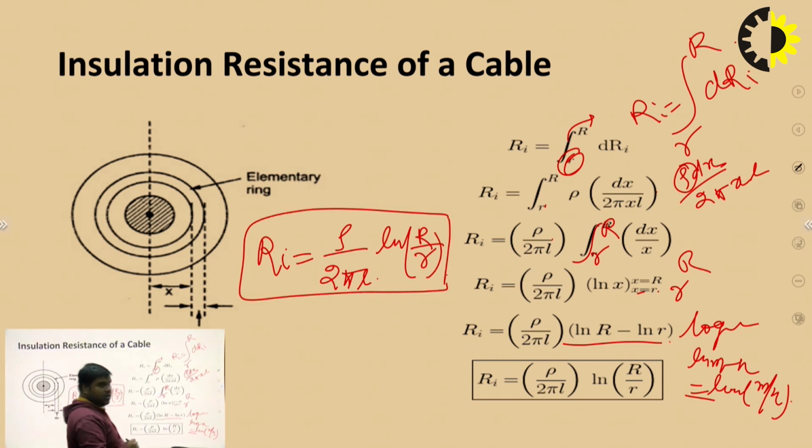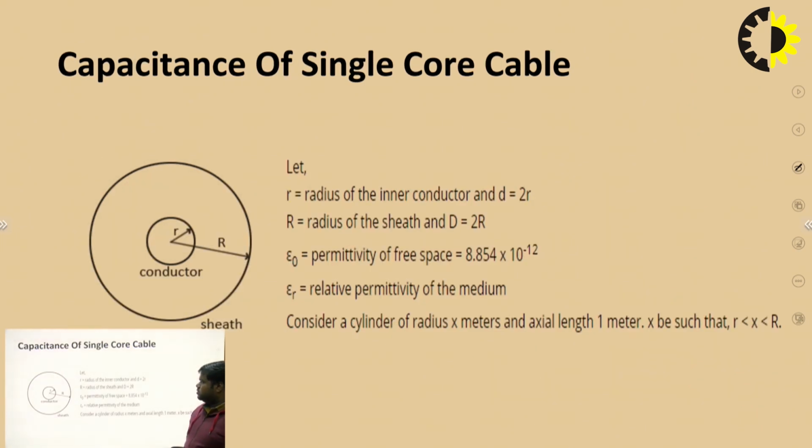This is the formula: the insulation resistance is rho by 2 pi L ln capital R by small r.